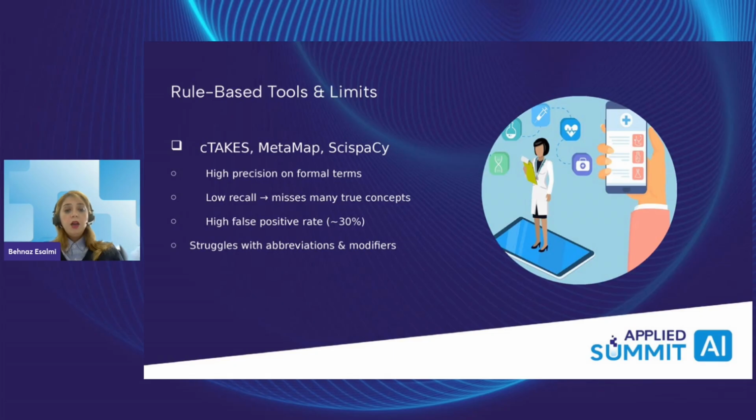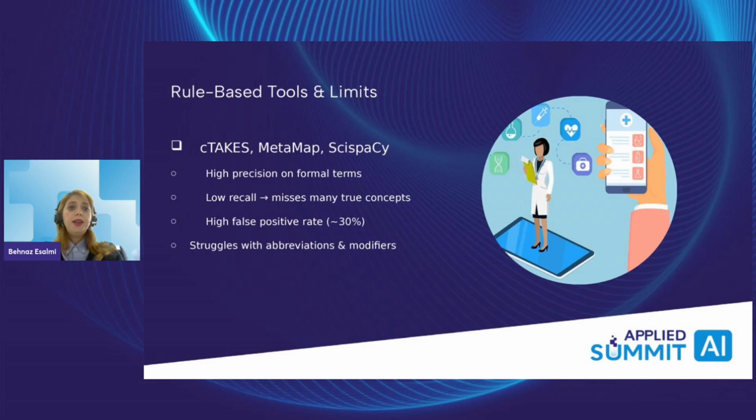We talked about the challenges, and before talking about the new tools that help us to solve these issues, previously there were several rule-based tools, and of course, they had their own limitations, like cTAKES, MetaMap, and SciSpacy. Of course, there are some other tools, but now I just talk about these tools. These tools work well on standardized or formalized text and offer high precision, but their recall is low.